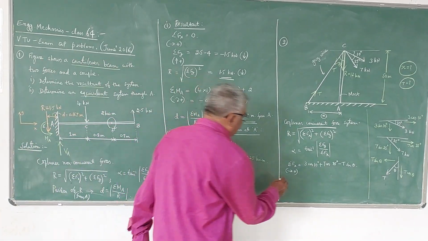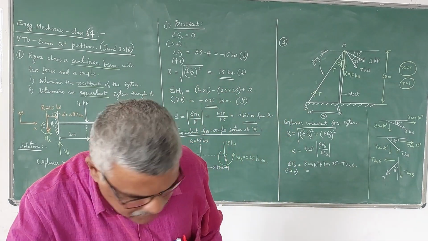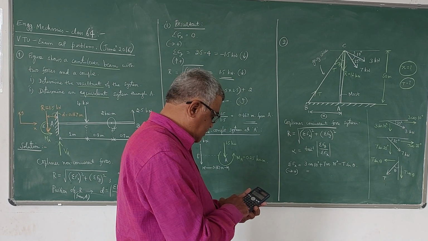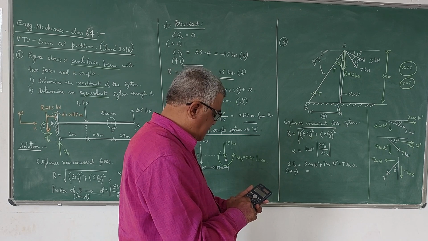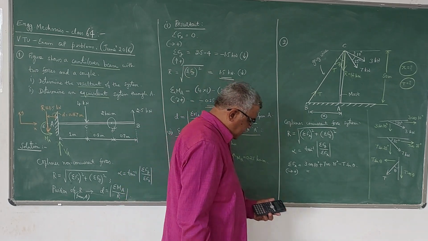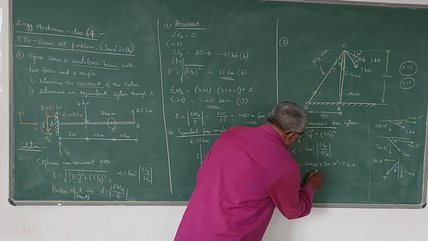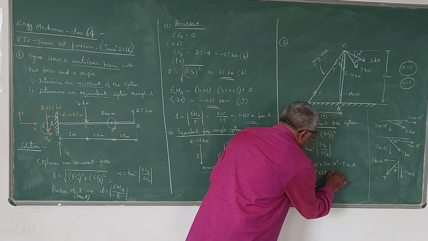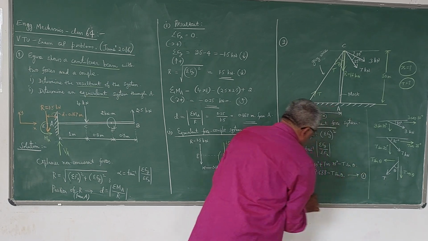Of course, this I can simplify. 3 into cos 10 plus 7 into cos 35, you will be getting 8.688. So sigma Fx is 8.688 minus T sin theta. I call this equation 1.